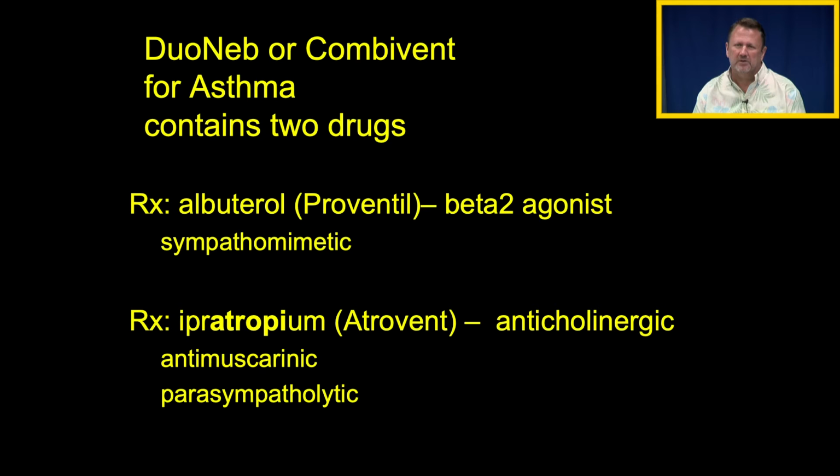And so keep this in mind as we're going through things like asthma, that here we can use a sympathomimetic as a bronchodilator, or we can use an antimuscarinic drug as a bronchodilator. I'll make the point right now that Combivent is a single trade name for something that has two drugs. And what I want you to know about pharmacology is that even though it has a single name, that does not mean it's one drug. It's two drugs.